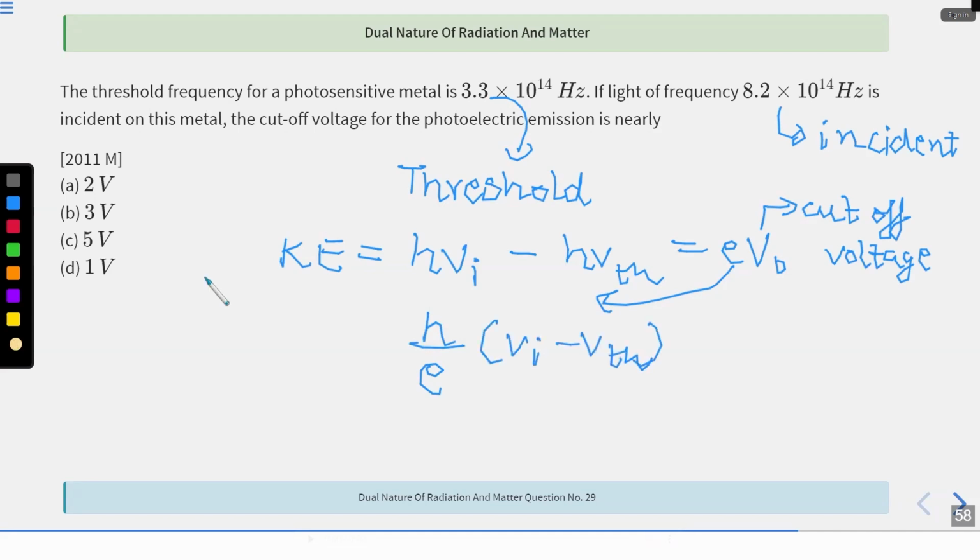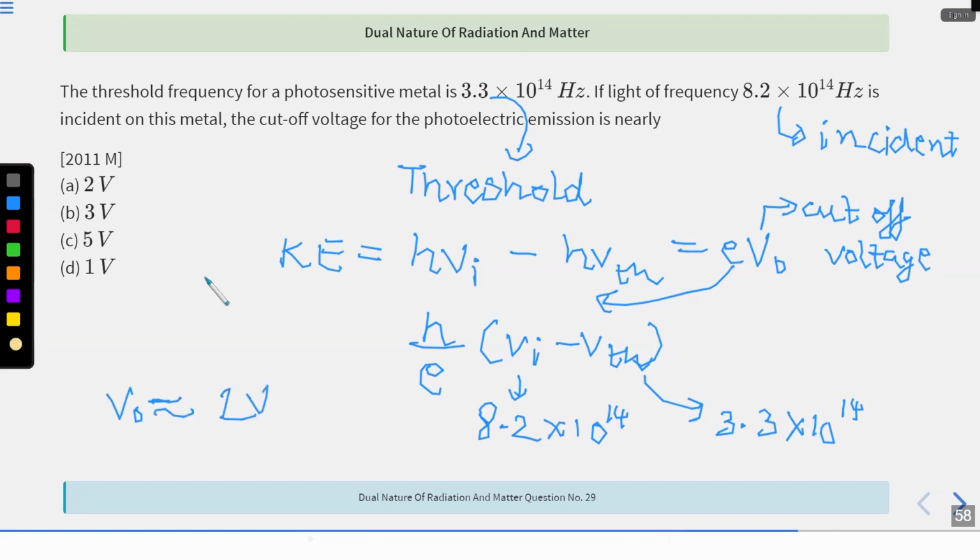So subtracting the values, nu i over here is 8.2 into 10 to the power 14 hertz, and this is 3.3 into 10 to the power 14 hertz. So substituting all the values, we'll get our V naught to be approximately equal to 2 volt. And that is our option A. So our option A is the right answer.